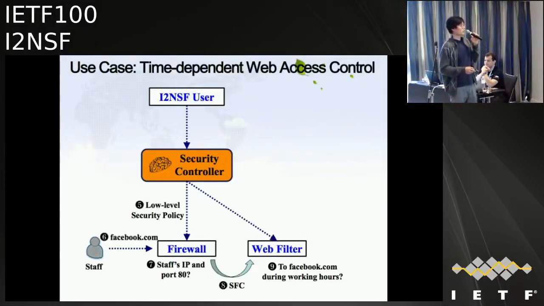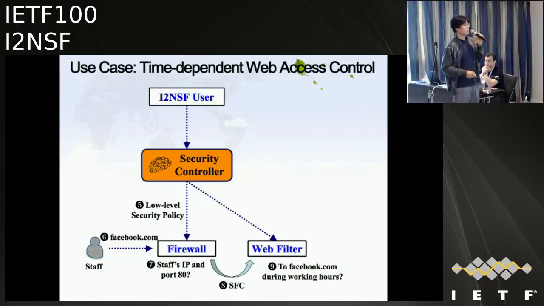So if a staff member tries to access Facebook.com, then the traffic is first forwarded to the firewall for basic inspection. In this case, the firewall checks the source IP address, whether it is a staff member's IP address or not, and also checks the port number to identify these packets as the HTTP protocol.